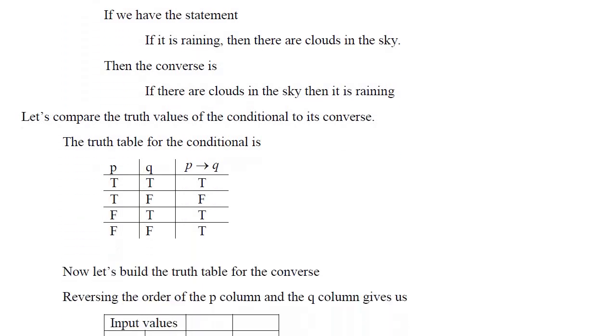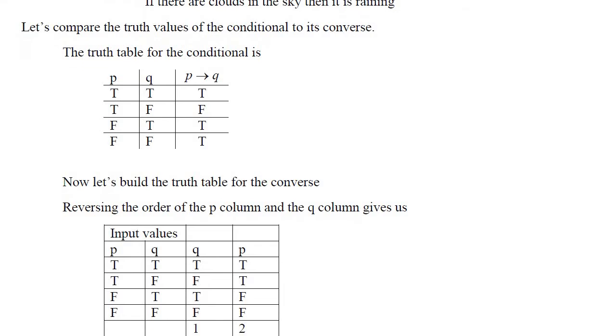So let's take a look at the truth values of the conditional and its converse. Here's the truth values for the original conditional, if P then Q. It gives me true, false, true, true. Now let's build the truth table for the converse. In order to calculate this arrow statement, we really need to have the correct column on the left and the correct column on the right.